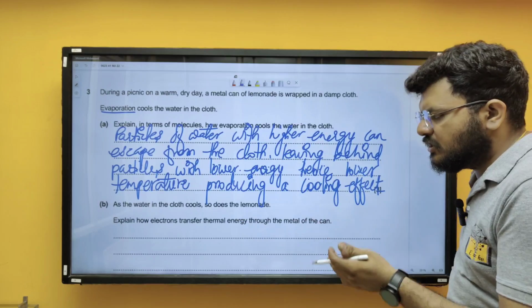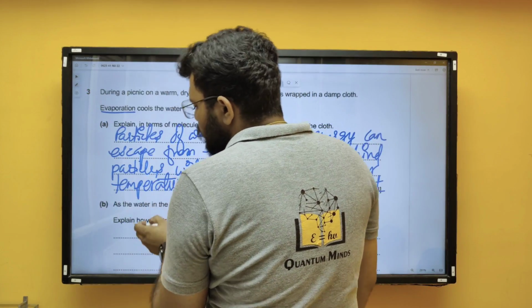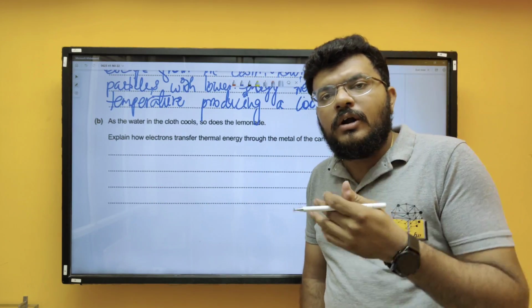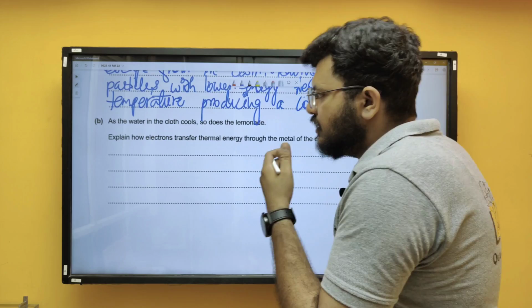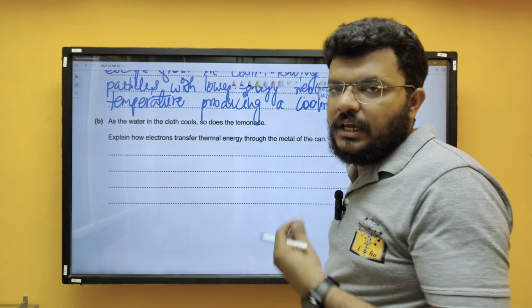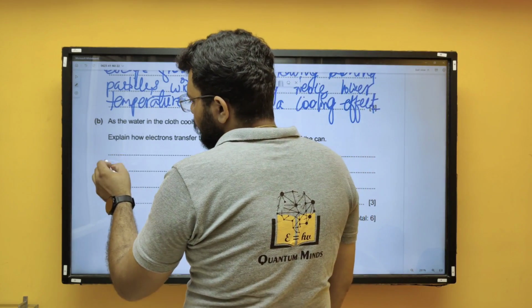Explain how electrons transfer thermal energy through the metal of the can. Now, first we need to understand that in this type of question, cold energy does not travel, right? There is nothing like cold energy. What is happening? Lemonade loses energy, right? So what is going to happen here?